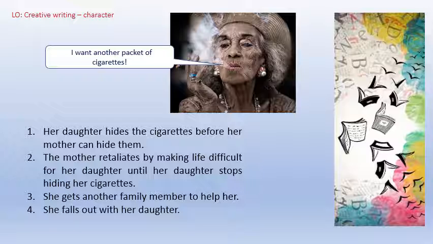The mother retaliates by making life difficult for her daughter until her daughter stops hiding her cigarettes, and eventually she gets another family member to help her. So there you've got your desire: the character wants something, cigarettes. The conflict comes with the daughter, and it drives the story on because the mother tries to get another family member involved on her side.